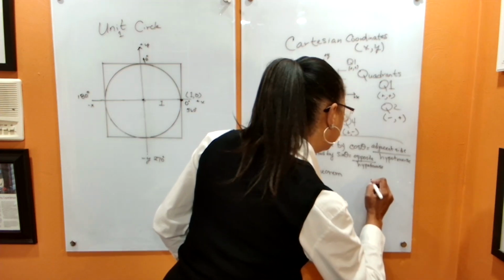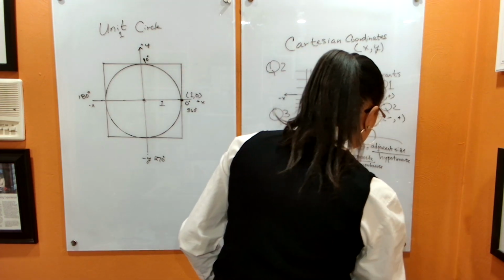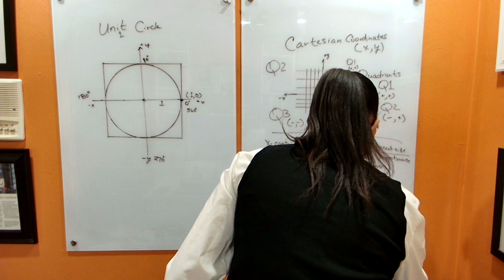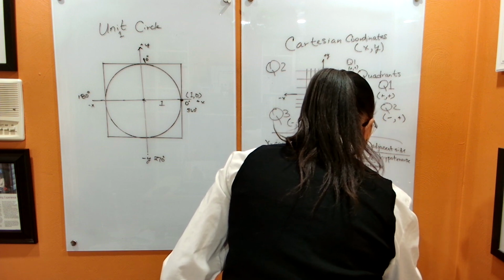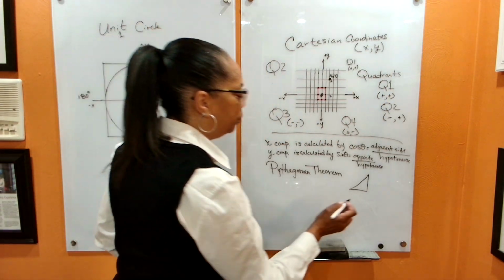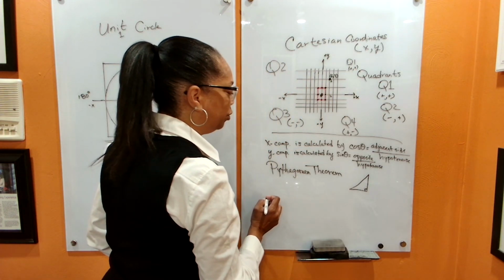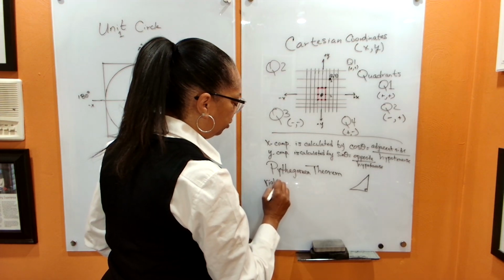Alright, let's see if we can get this thing done. We can't. Let me try it one more time. I'm trying to make it straight. Boom. Okay. Close enough. So the Pythagorean theorem, this is our right angle. Right angle is 90 degrees, if you did not know. I'm going to write it here.